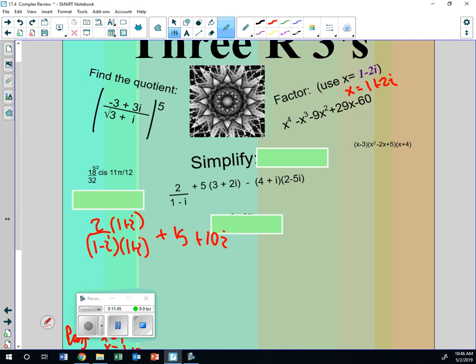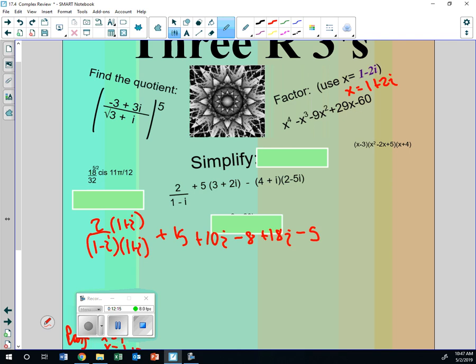This one, you're going to want to FOIL. 4 times 2 is 8, so it'll be negative 8. 2i minus 20i is negative 18i, but it's the opposite, so it'll be plus 18i. i times negative 5i squared will be positive 5, but this is minus that.